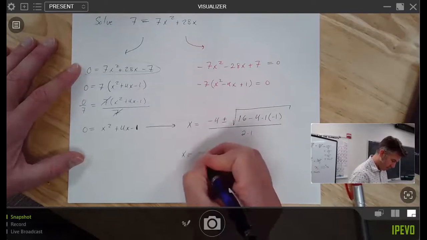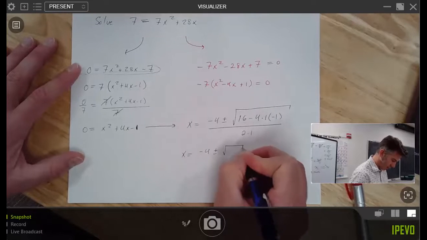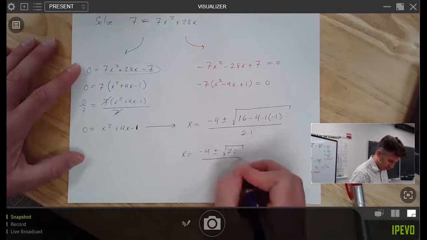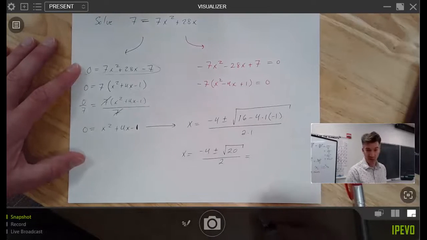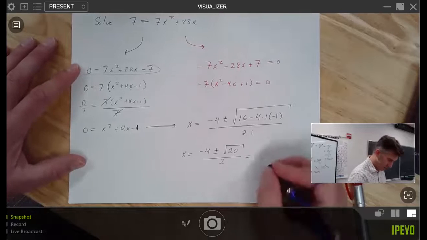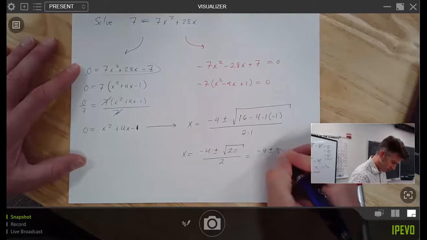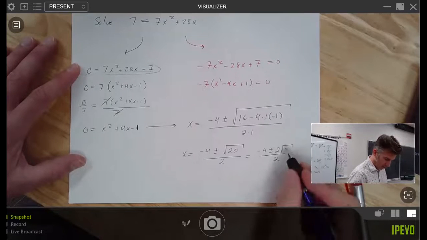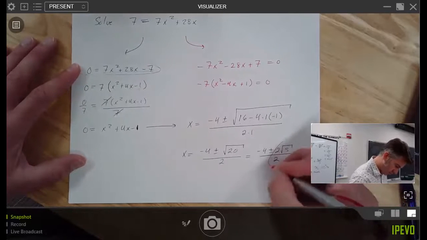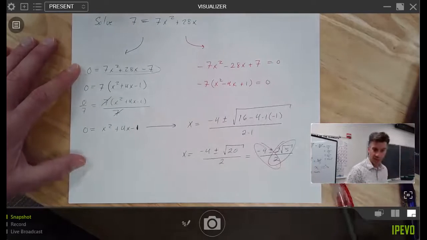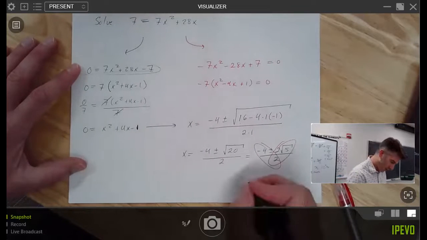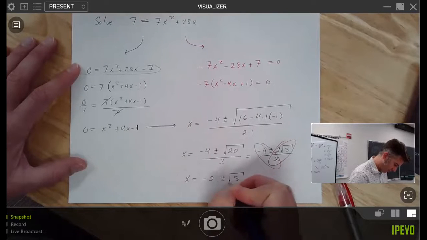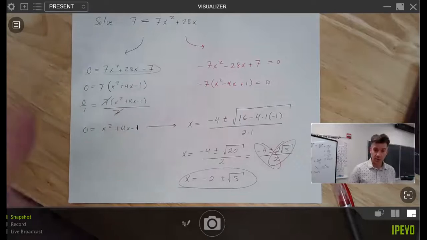And that's going to give me negative 4 plus or minus the square root of 16 plus 4, which is 20. 20 is 4 times 5. The square root of 4 is 2. This is negative 4 plus or minus 2 root 5 all over 2. And then each of those parts divides by 2. People often do this kind of thing when they're dividing each thing by the denominator. And you get x equal to negative 2 plus or minus the square root of 5. And those are our two answers.